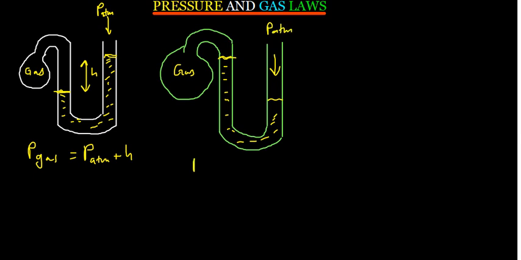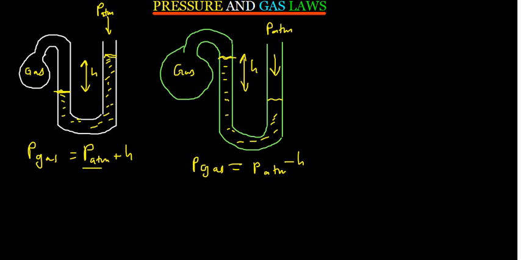Therefore, to find the pressure of the gas, it is going to be given by the pressure of the atmosphere and then minus h. So instead we are going to remove this height, because this height is not just showing anything, it is showing the pressure. So this height is also representing pressure. So this is how we're able to determine the gas pressure.